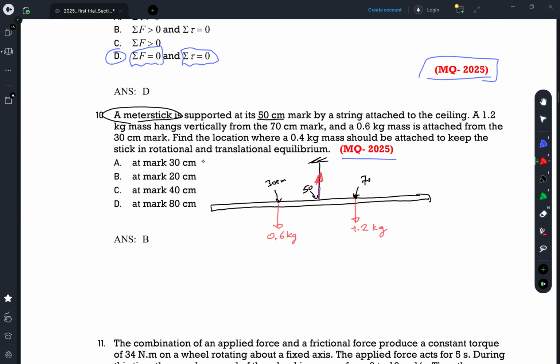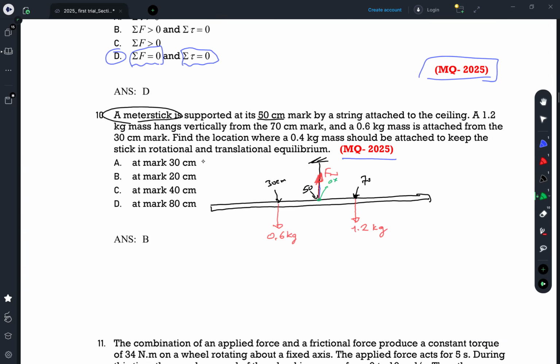And there will be a third mass to balance the system. Find the location where the 0.4 kilogram mass must be attached to keep the stick horizontal, in rotation and translation equilibrium. Meaning it is going to be balanced. So I will choose the axis of rotation as the location of the tension force. Here is going to be the axis of rotation.